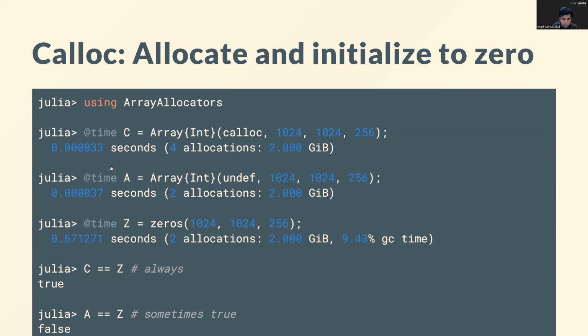It's actually pretty close to undef initialization in time, sometimes even faster. Yet, like zeros, it will initialize all the memory to 0, whereas undef initialization does not guarantee that. This will sometimes be true, but it's not guaranteed every single time.